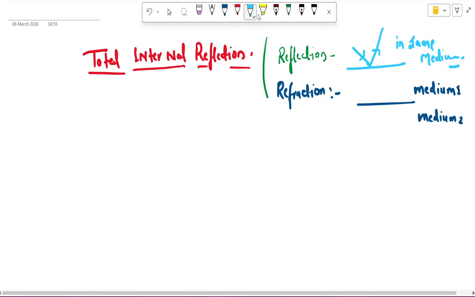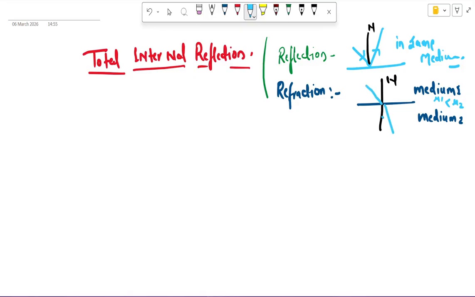When light goes from one medium to another, with a normal, and passes from a rarer medium to a denser medium, where mu 1 is less than mu 2, it will bend towards the normal. These are the basics of optics.